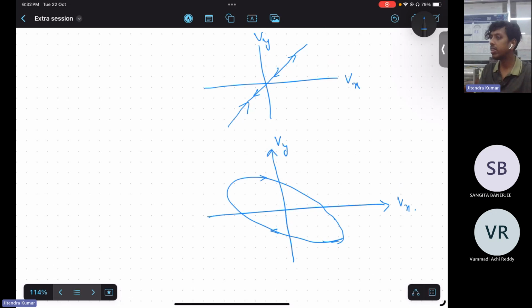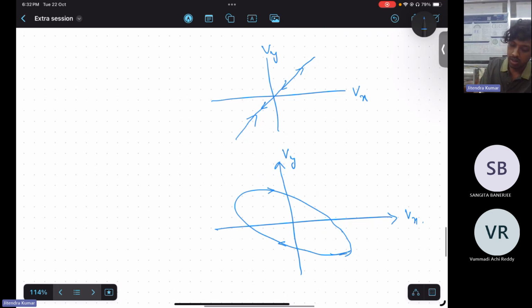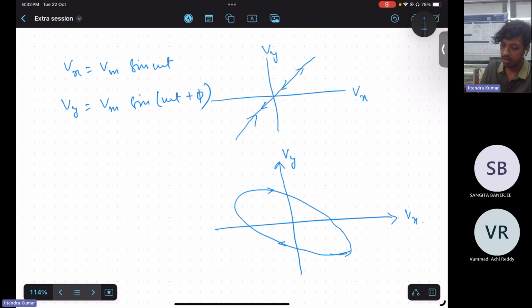So can we parallelly find out the angle between Vy and Vx? Let's suppose Vx is Vm sine omega t and Vy is Vm sine omega t plus phi. Okay, right? Or omega, these frequencies could also vary depending on how many ellipses are there, right?